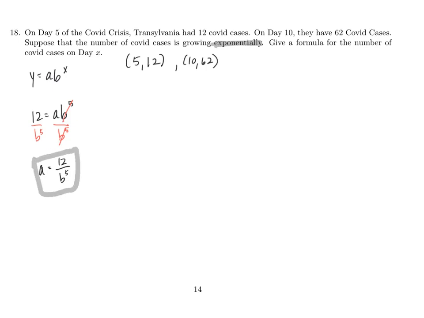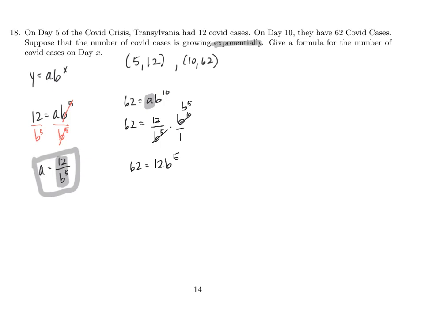Now I want to make another equation with the other ordered pair. So it will be 62 is equal to A times B to the 10th. And what I can do is substitute this A with the 12 over B to the 5th, because that's what A is. So I will have 62 is equal to 12 over B to the 5th times B to the 10th. All right? And so now that will simplify into B to the 5th up here, so that would be 12 times B to the 5th.